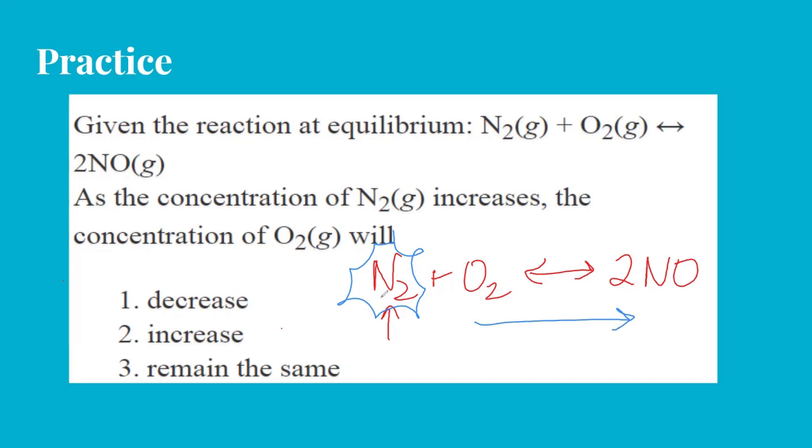If I need to use it up, I have to use up the other reactant and make more product. So this is going to go down, and this is going to increase because I'm going to make more of it to get rid of the extra N2. The one I'm drawing the little squiggly bubble around is always the one that gets to go back to what it was doing before. So in this case, the concentration of oxygen will go down.